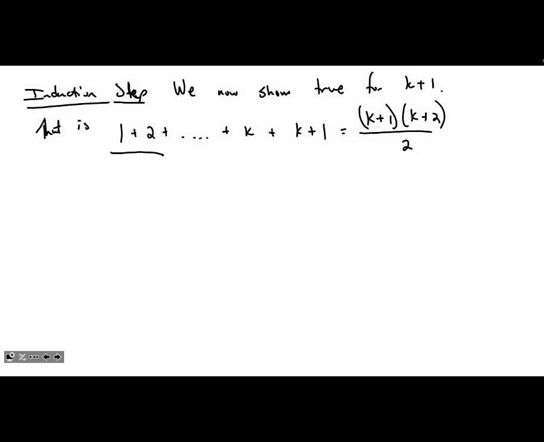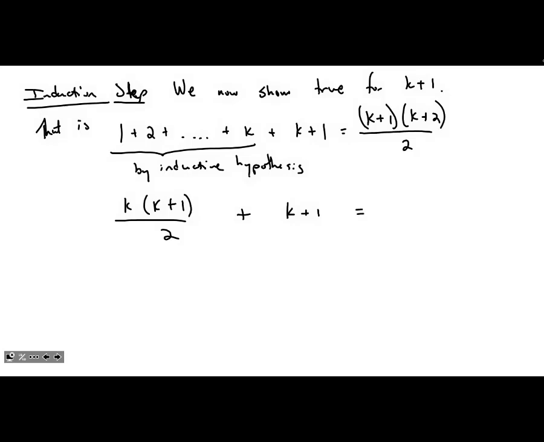Now, 1 plus 2 all the way out to k, this is my inductive hypothesis. So by the inductive hypothesis, this sums to k times k plus 1 over 2 plus k plus 1. I still want to check, is this equal to k plus 1 times k plus 2 over 2? Well, let's check.